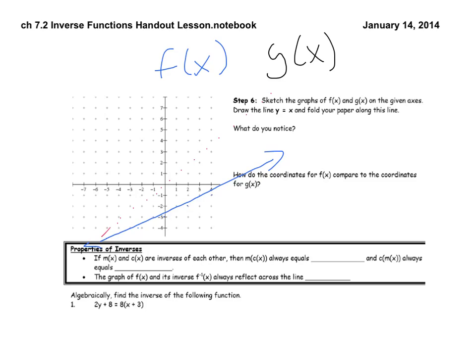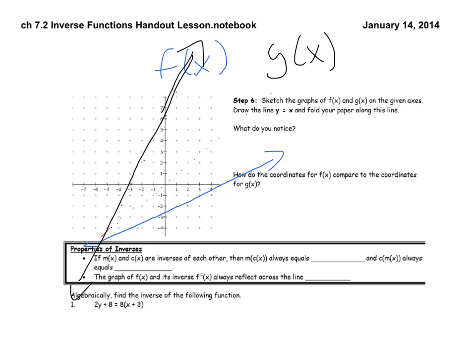And I'm just drawing here, you should be too. I'm going to go up to 6, and then my slope is 2. So I end up with that line.